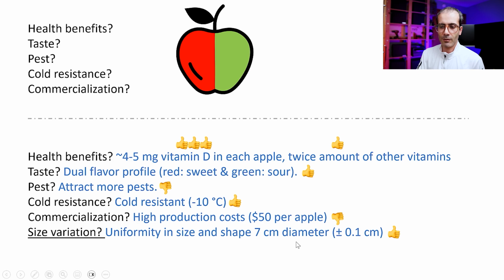Now, when I did this, I noticed that the shape of them is uniform compared to normal apples that might have different shapes. And they almost all have a diameter of 7 centimeters plus or minus 0.1, right? And I know again, it sounds funny, but this is just an example to show you that you might get some unexpected results, and that's normal, right?